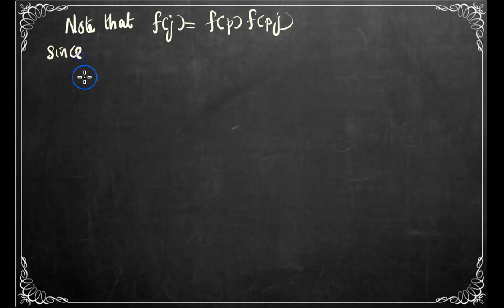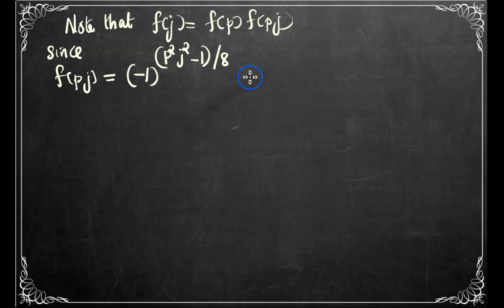Since f of PJ is equal to minus 1 raised to P square J square minus 1 divided by 8, using the definition of f, and that can be expressed as minus 1 raised to P square J square minus J square plus J square.